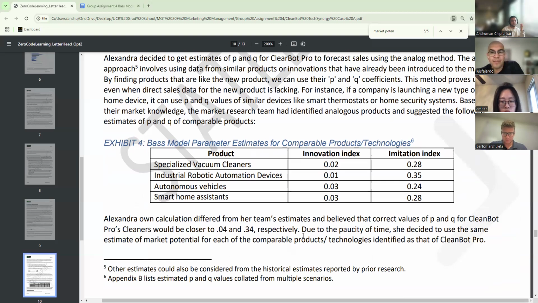She's basically saying that our numbers aren't very good, and we're not entirely sure. So we're going to use this as an estimate for our calculation, and perhaps using other people's estimates isn't as good for us, because maybe our product is different in some meaningful way that would change our innovation and imitation indexes. So our graph is going to look a little bit different from theirs.